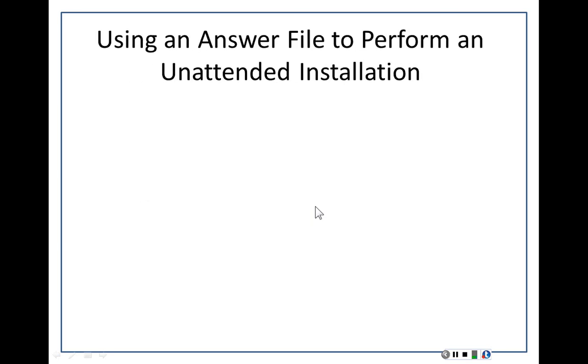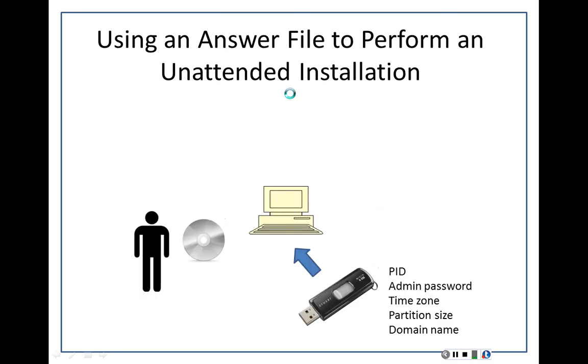So what we do is we use an answer file to perform an unattended installation. An answer file is a file which contains all the variables that you would typically have to type in: product ID, administrator password, and time zone. And that file is stored on a USB drive.